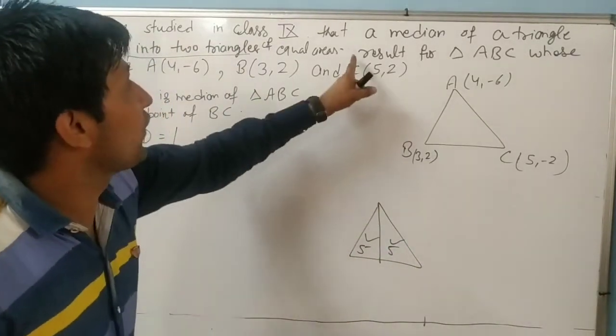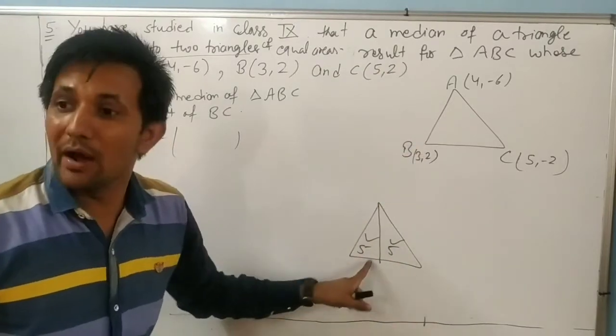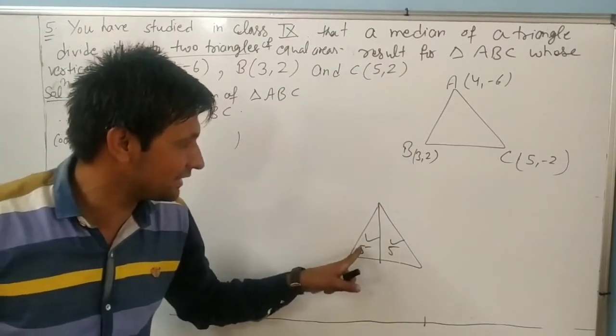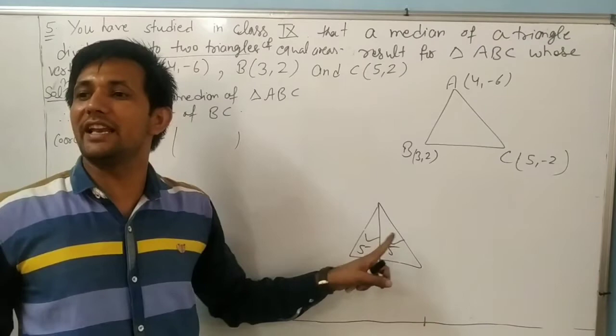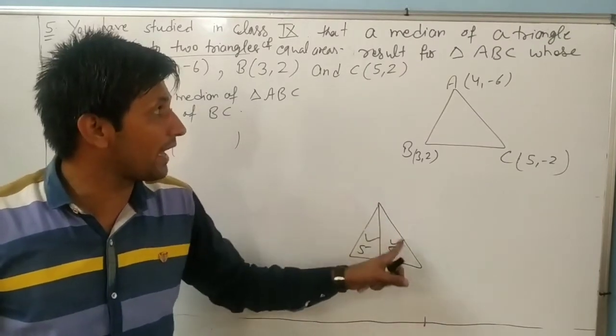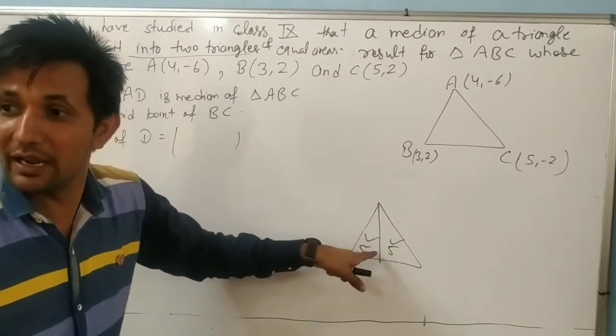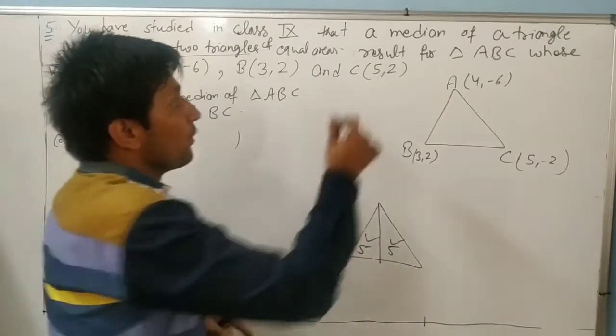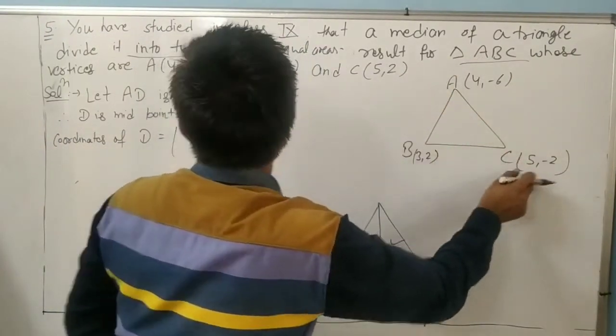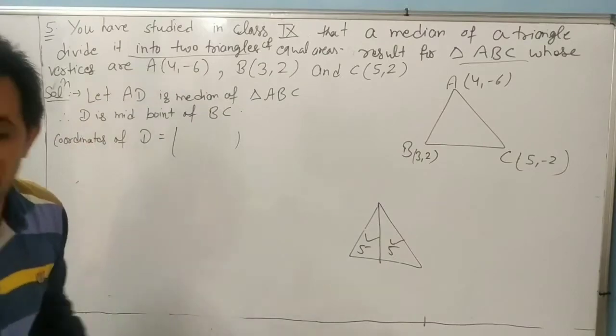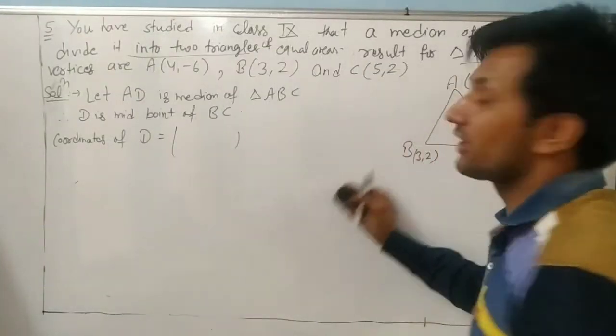So we have to verify this result for triangle ABC, because a median always divides a triangle into two triangles whose areas are equal.